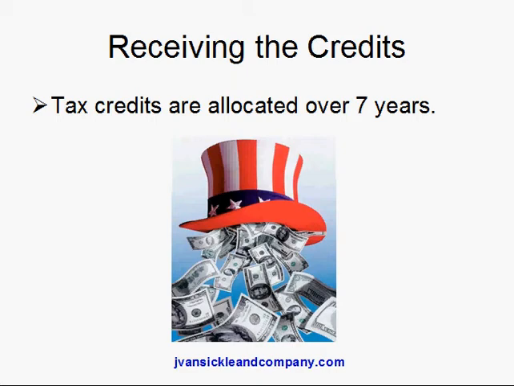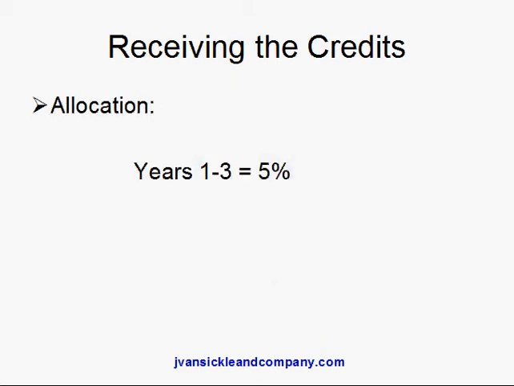From years 1 through 3, you'll get 5% of the amount each year, and then in years 4 through 7 you'll get 6% a year, which adds up to that 39% tax credit number. So again, if you do a $10 million project and you're approved, you'll get $3.9 million in tax credits, allocated 5% over the first 3 years and 6% over years 4 through 7.